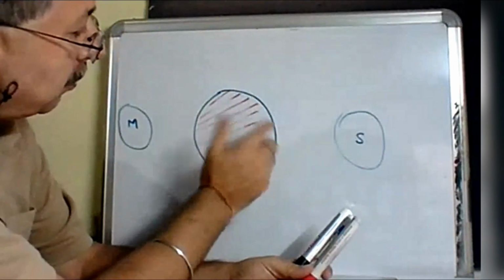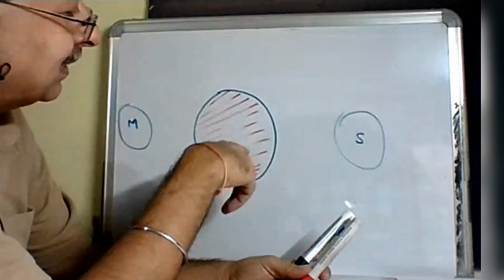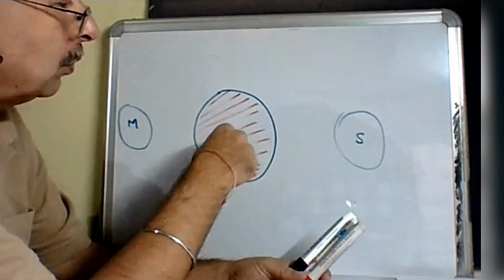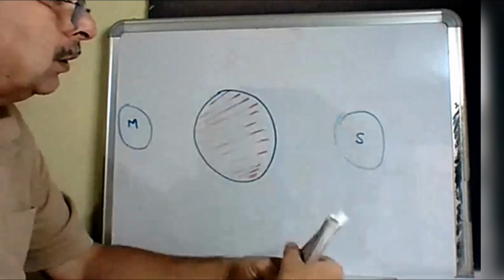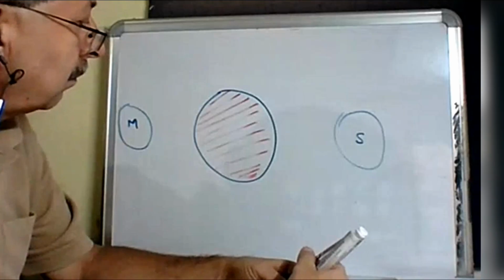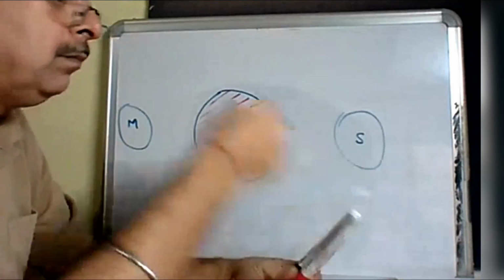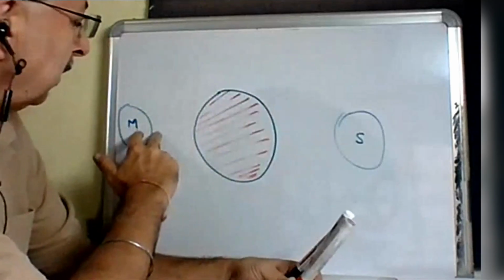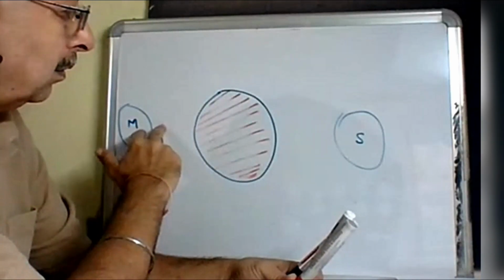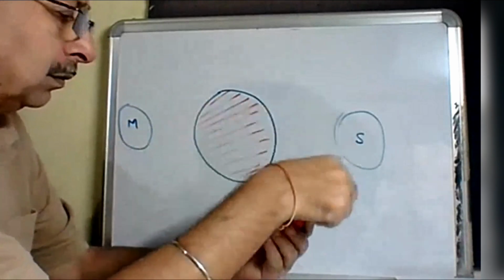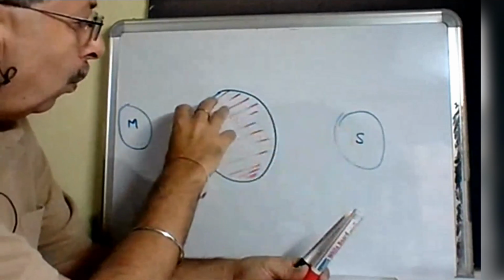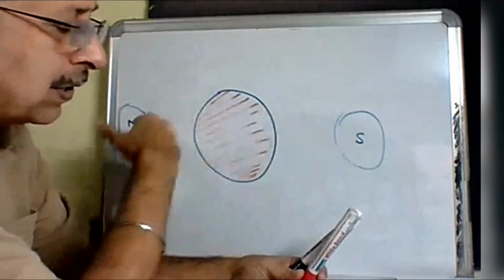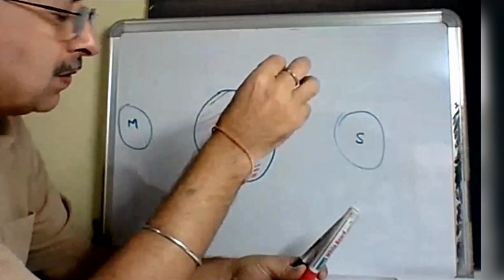And this earth is rotating around its axis. And simultaneously, the earth is also revolving around the sun, along with the other planets. So because of the presence of the sun and the moon relative to the earth, the water mass will get attracted towards the heavenly bodies.